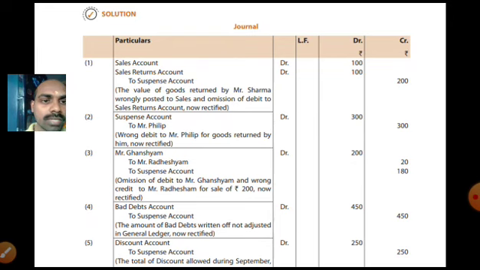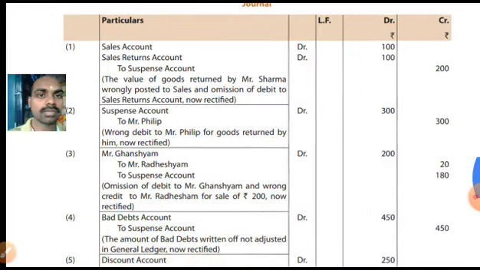Omission of debit to Mr. Ghanshyam and wrong credit to Mr. Radheshyam for sales of 200, now rectified. It is partly omitted, not fully omitted. In the sales account you have written correctly, in the Ghanshyam account you have written wrongly. If it is fully omitted, we will write a new general entry, but here it is partly omitted. Next, see the next transaction.